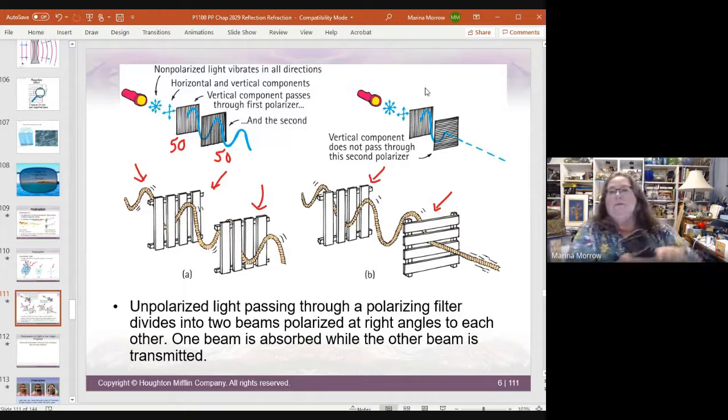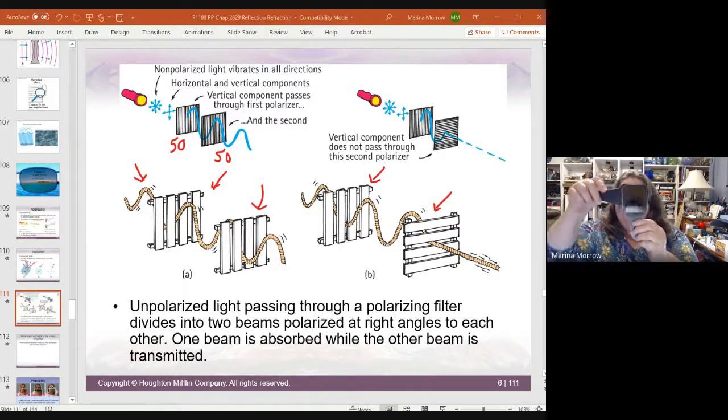Okay, so here you can see my face. Here's another filter, and you can still see my face. It's a little bit darker, right? Okay, so those are two polarizing filters. But the second situation is if I rotate one, well, now you shouldn't be able to see my face anymore.